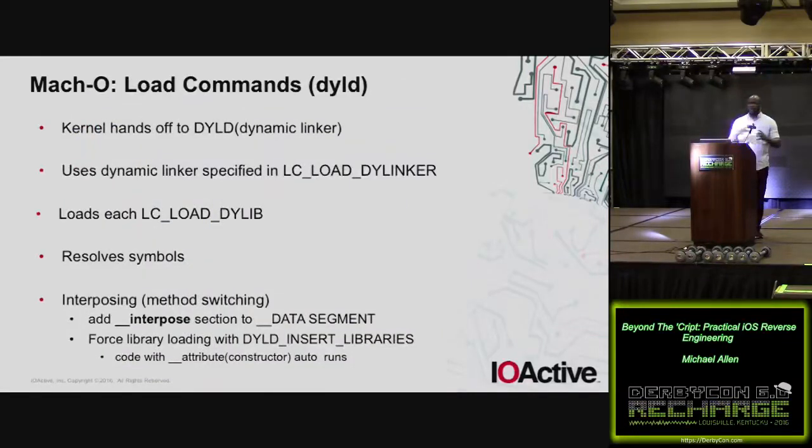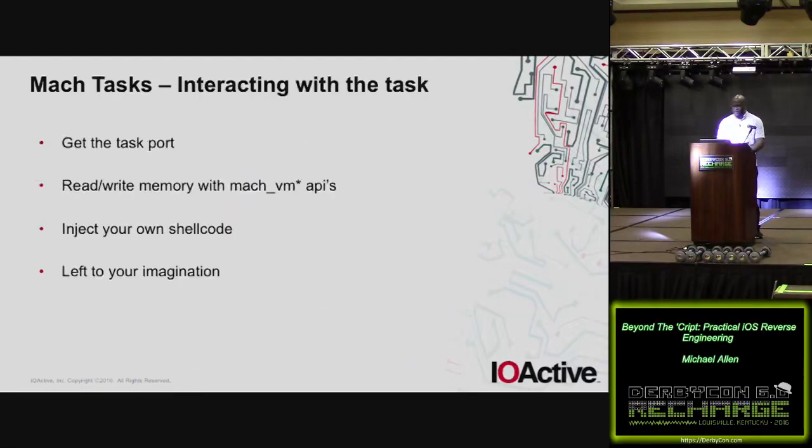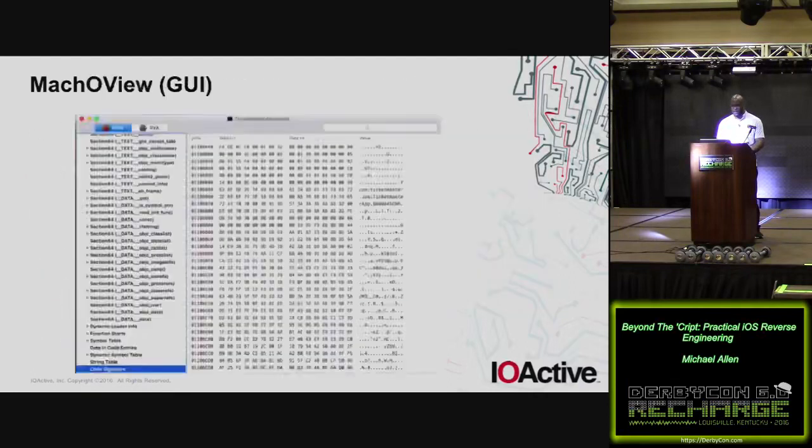After the kernel is done doing what it does, it hands over processing to the dynamic linker. The linker is going to resolve, among other things, symbols, and it's going to load each LC_LOAD_DYLIB command.